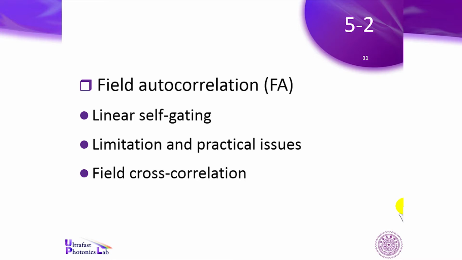It's the basic idea of FA measurement. We will talk about the limitation and the practical issues of field autocorrelation measurements. Then another variety of field autocorrelation, which is field cross-correlation.